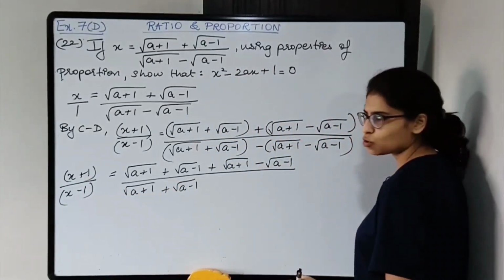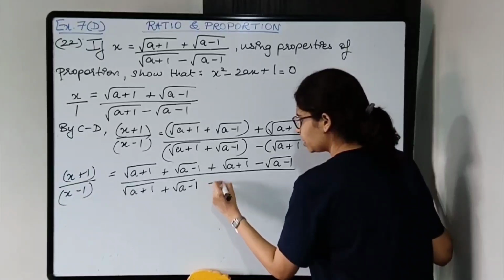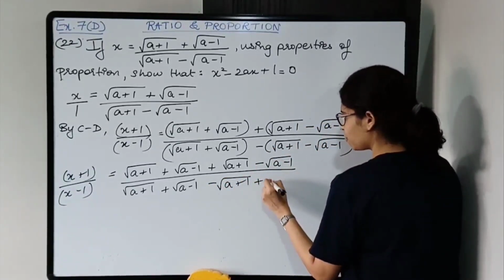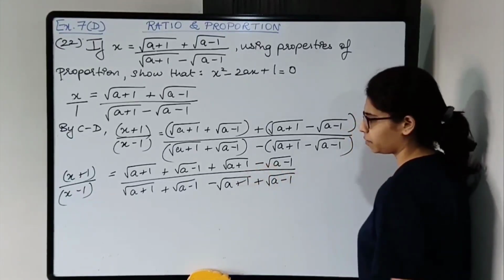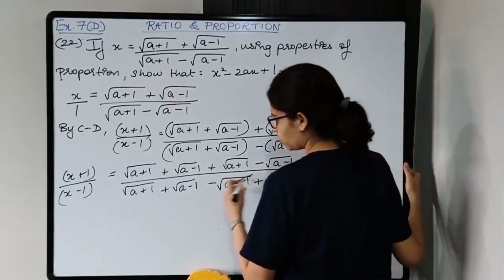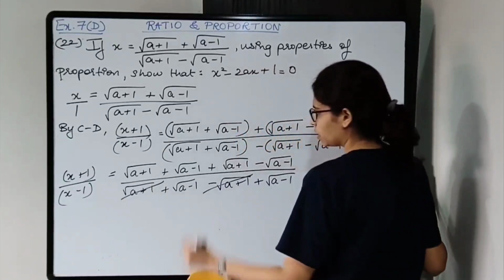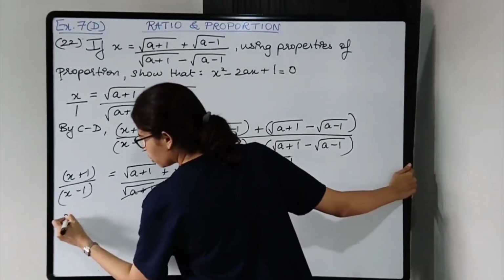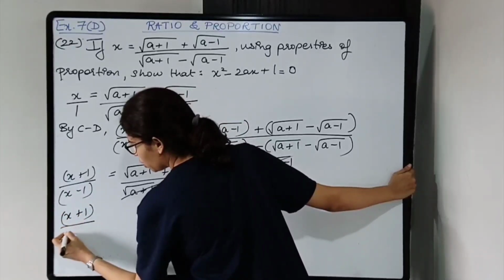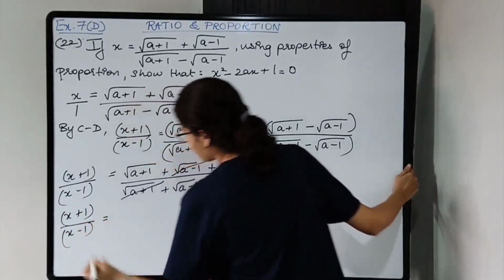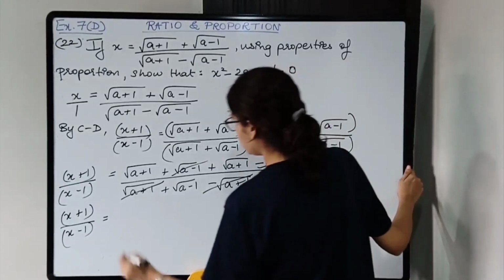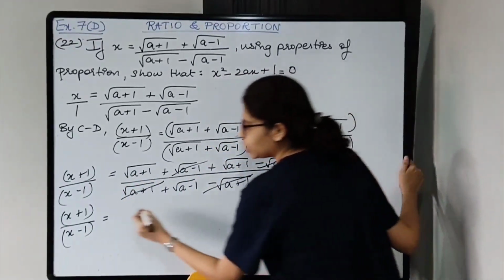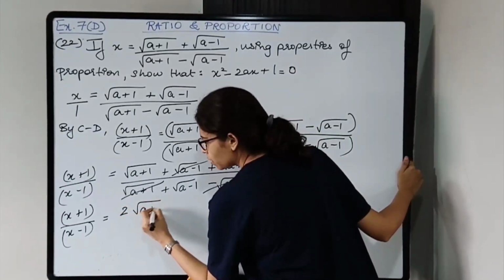Here the signs will change, this will become negative. And this negative into negative gives positive root of a minus 1. So a plus 1 cancels here, a minus 1, a minus 1. So x plus 1 upon x minus 1 is equal to root of a plus 1 plus root of a plus 1. That will give me 2 root of a plus 1.